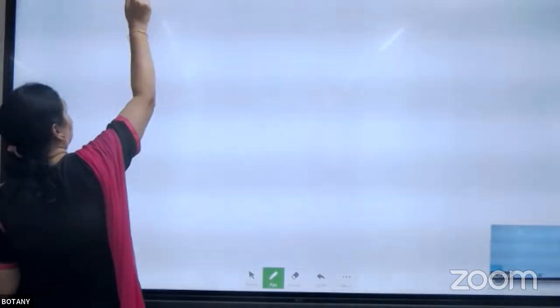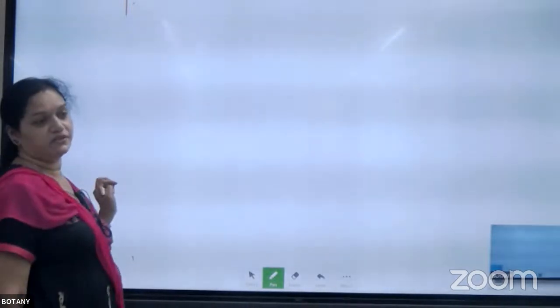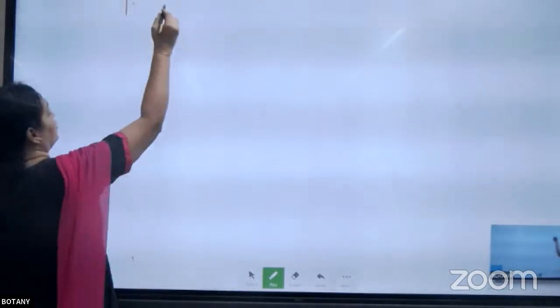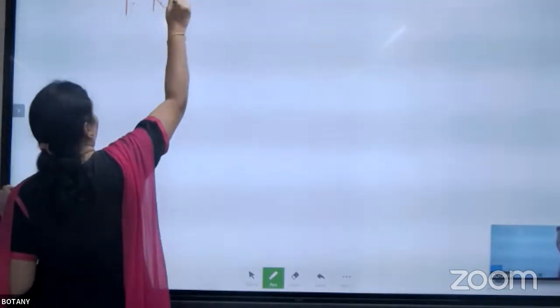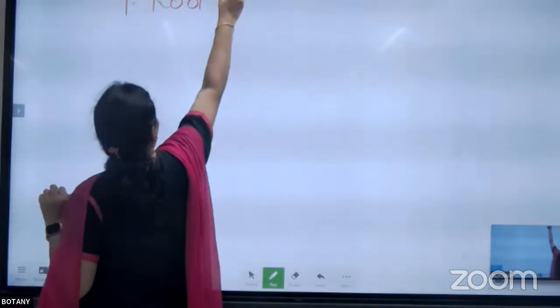So first of all, we will see the first LQ we have to prepare for the IPE exam, that is, the root modifications.